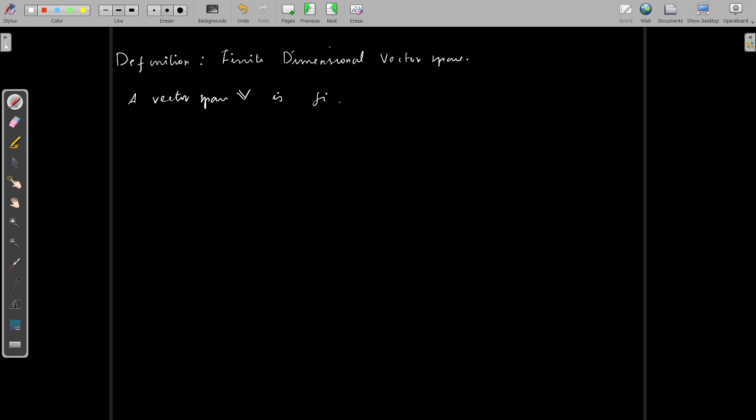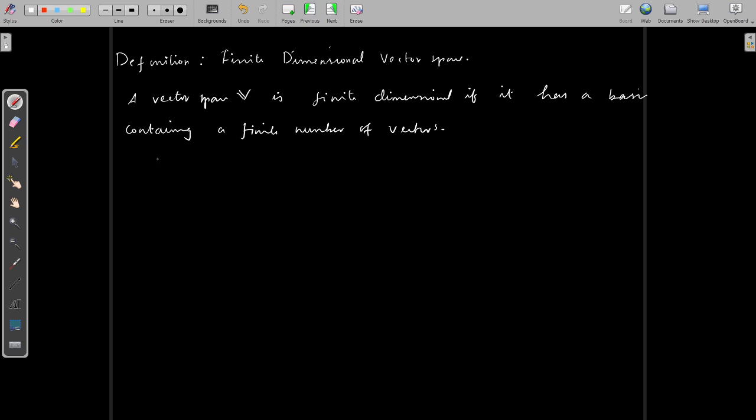A vector space V is finite dimensional if it has a basis, at least one basis, containing a finite number of vectors. This is the definition of a finite dimensional vector space.